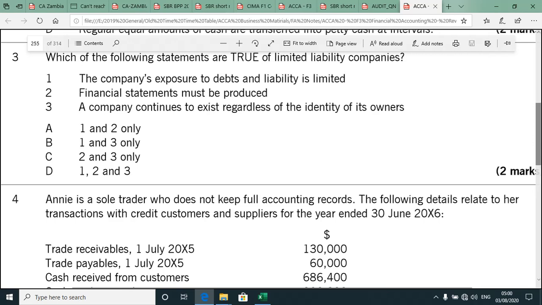That also sounds correct. So I'd like to reject 1, because it is supposed to be the shareholders. But I'll take 2, financial statements must be produced, whether you're a private company or a public company. And 3, the company continues to exist regardless of the identity of its owners, is correct. So I'd like to go for C.